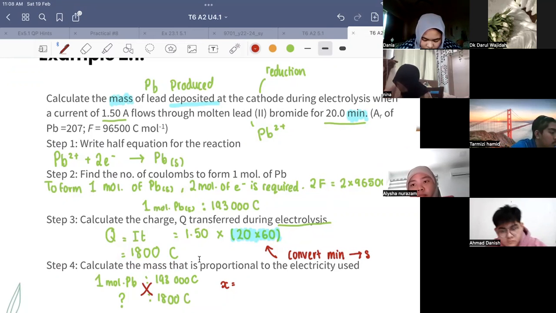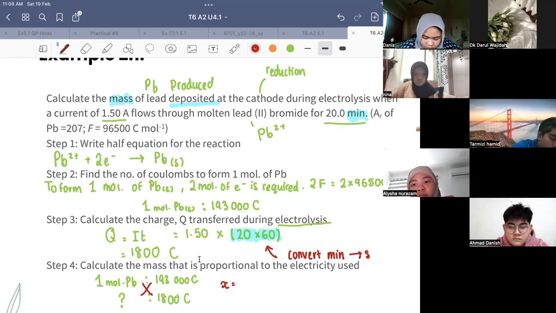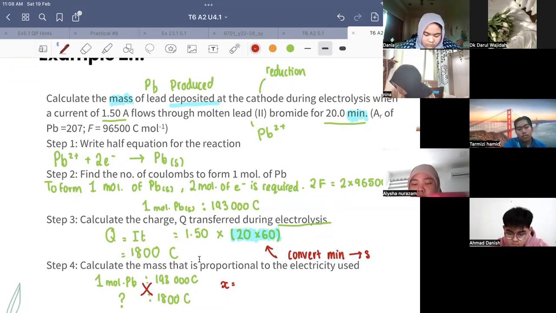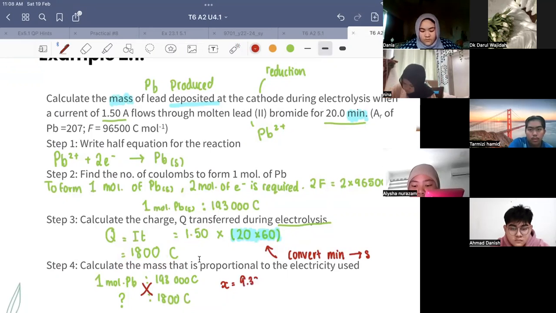Ridwan gave me the answer. Let me just double check. Yes, 9.33 times 10 to the power of minus 3 mole of Pb.